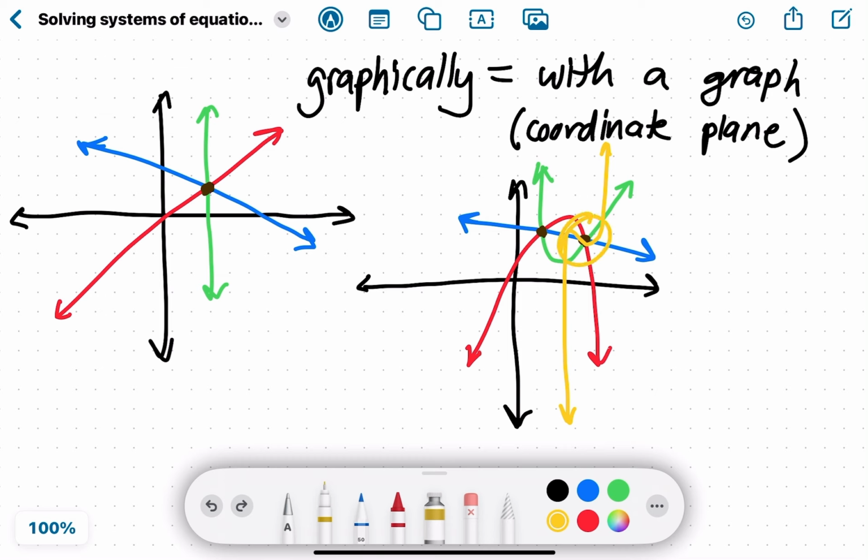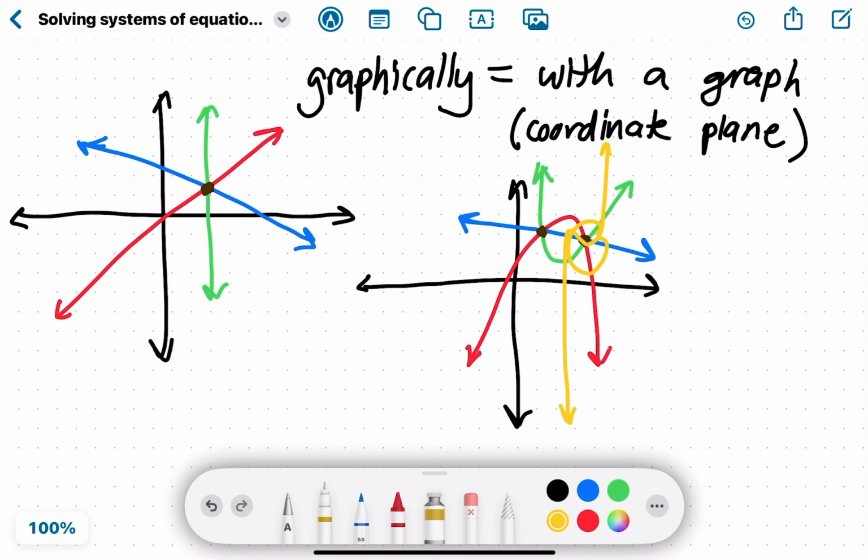So this one is the only solution to the system, because there are other points on this graph where multiple lines go through, but the solution to the system is true for all of the equations. So that is why this point would be the solution to the system of 4 equations.